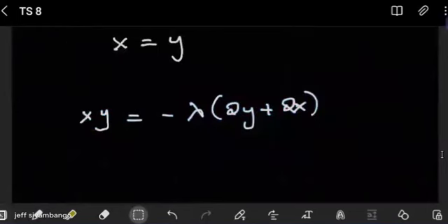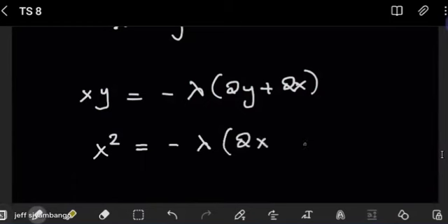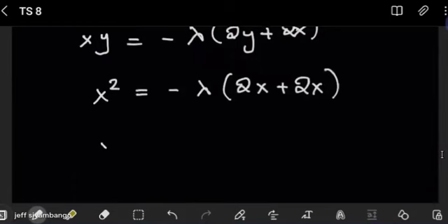If x is equal to y, putting it into equation 3, where there's y, we'll put x. So this becomes x squared here. This now becomes equal to minus lambda, and then this is going to be 2, and then x plus 2x. So this is now leading us to x squared is equal to lambda.